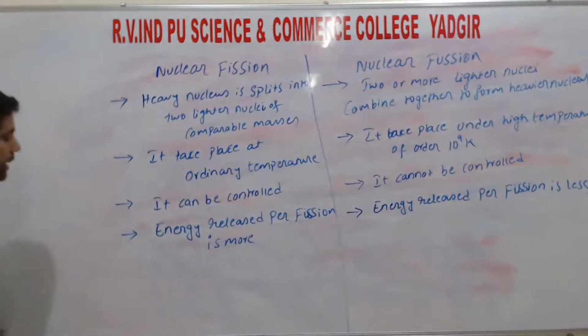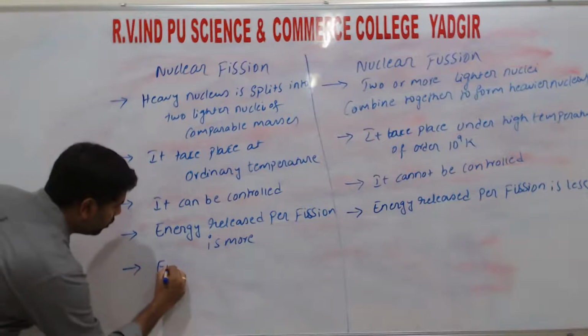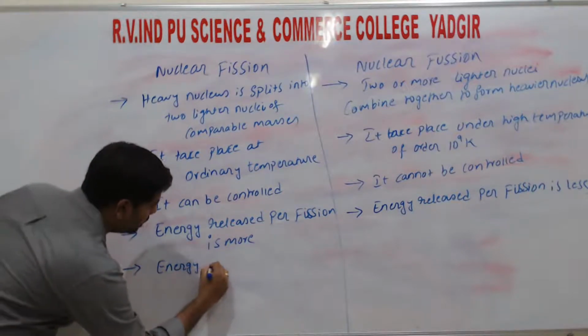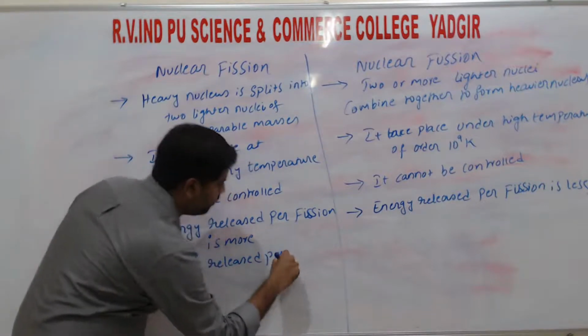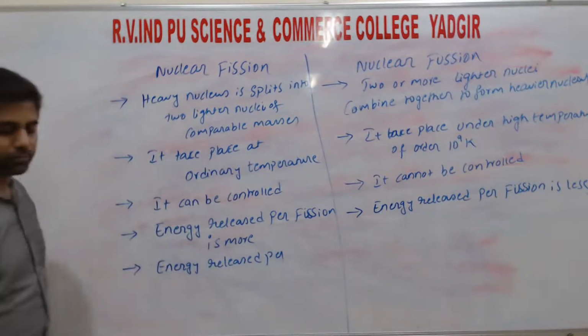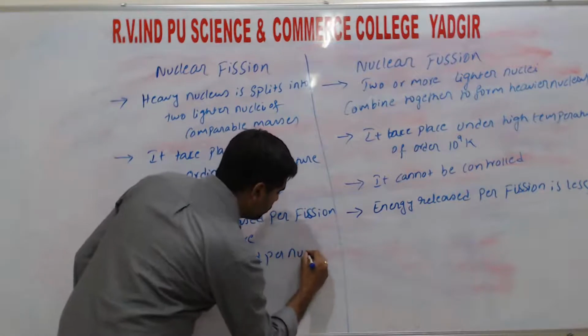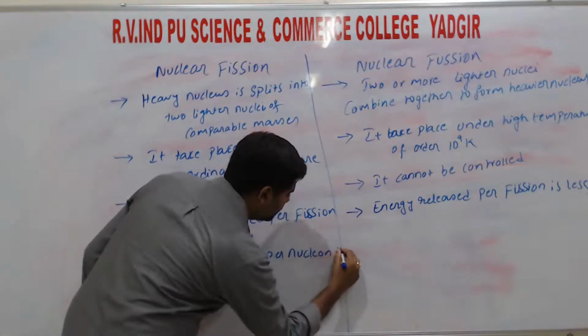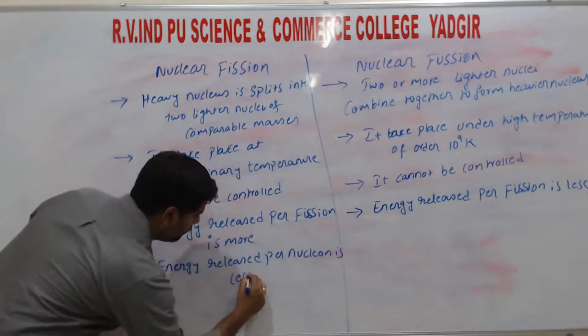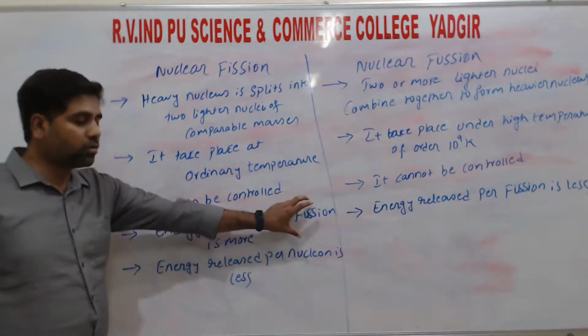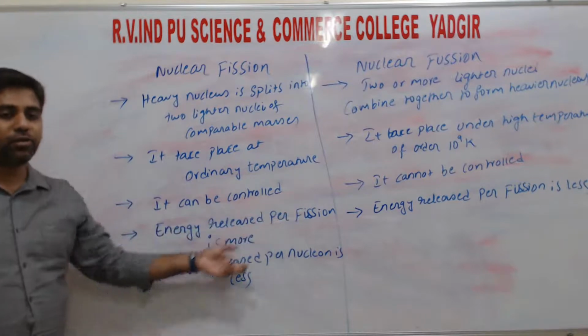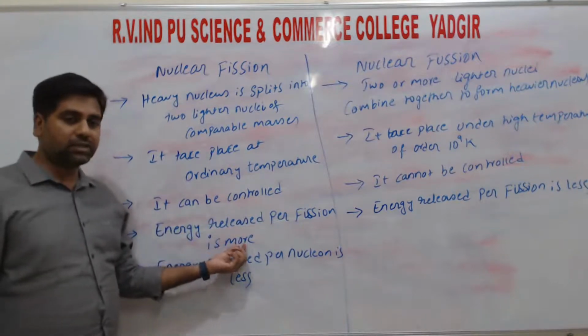So next, energy released per nucleon is less. So don't confuse with the process. This is one process. When one nucleus splits into its constituent nucleuses, then the energy released is more.